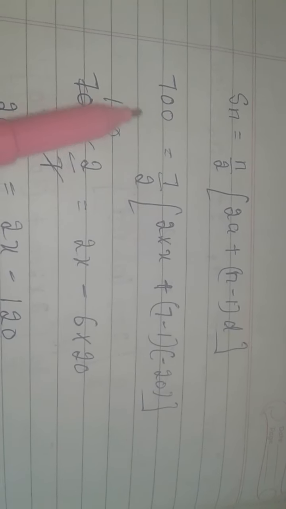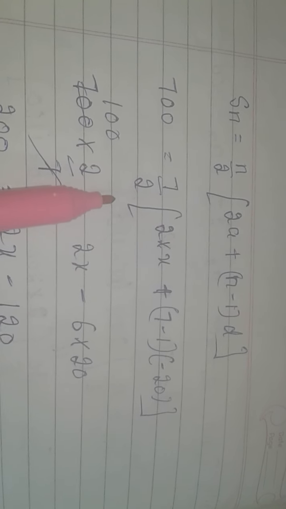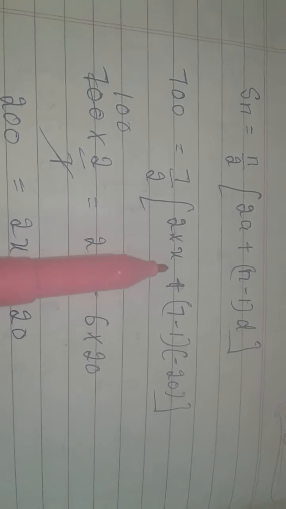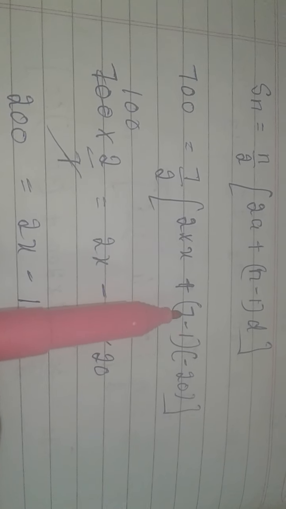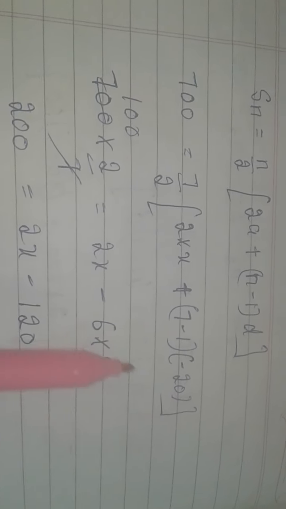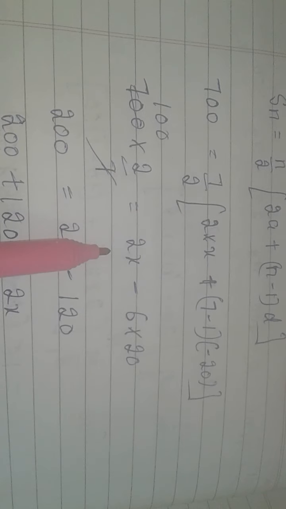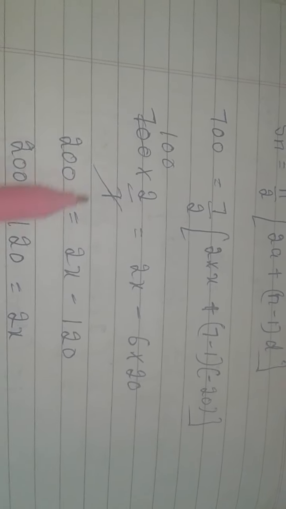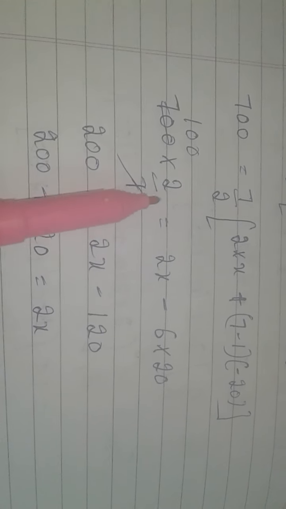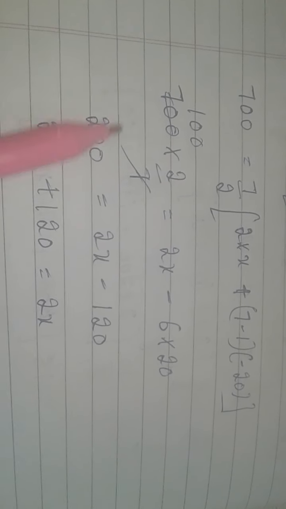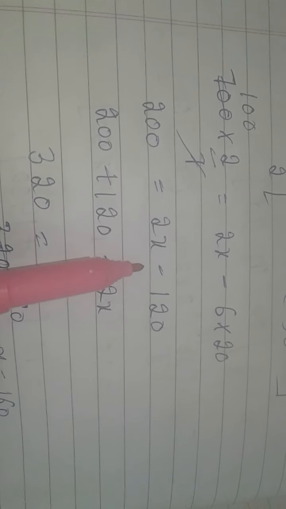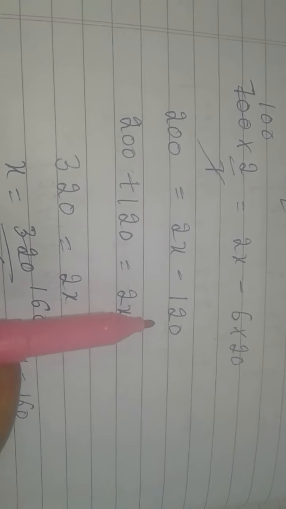Substitute Sn as 700, n is 7 divided by 2, into 2 into a, I don't know a, let it be x, plus 7 minus 1 into minus 20. So 2 into x is 2x. Bring this 7 by 2 to the left side so that you can cancel with 700. So it becomes 2 by 7. 7 hundreds are 700, 100 into 2, 200 equals 2x minus 6 into 20, that is 120.